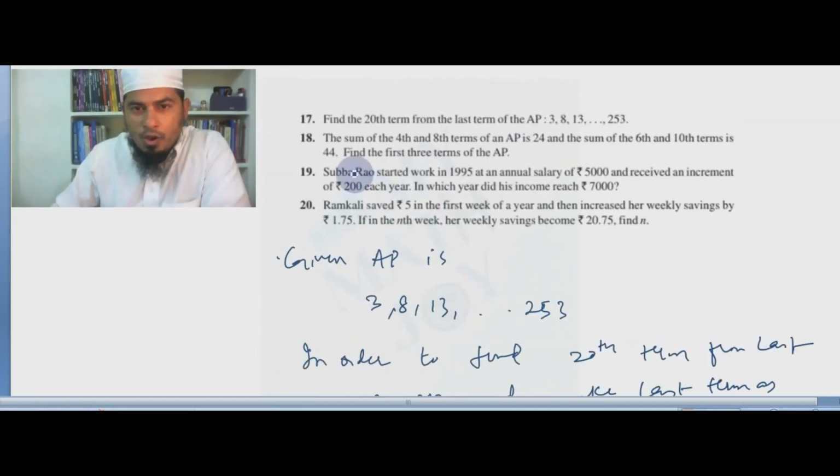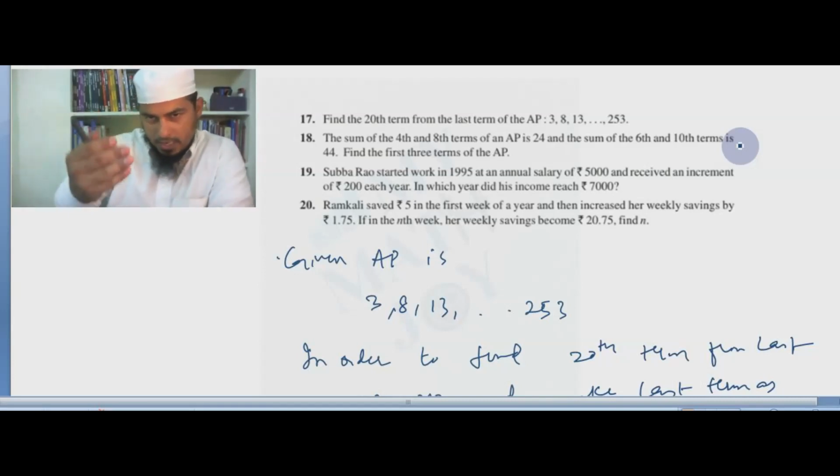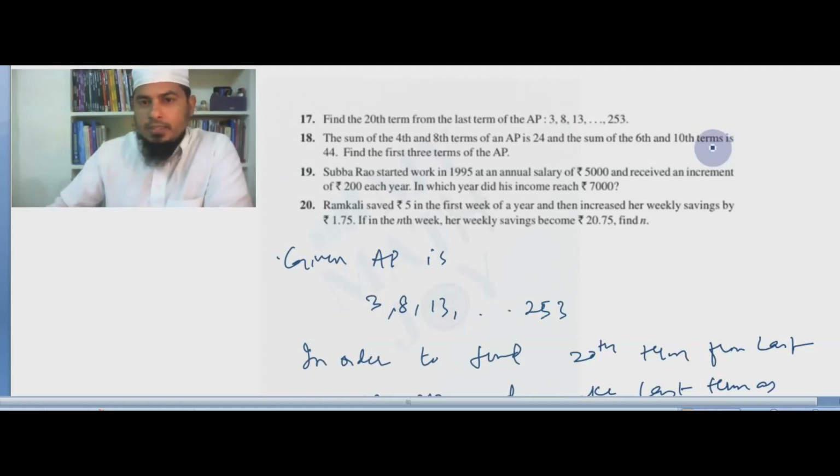The sum of the 4th and 8th term of an AP is 24. The sum of the 6th and 10th term is 44. Find the first 3 terms of the AP. Here also the technique is: whatever he is giving us, convert the English statement into an algebraic expression, then we'll get nice ideas on what to do.